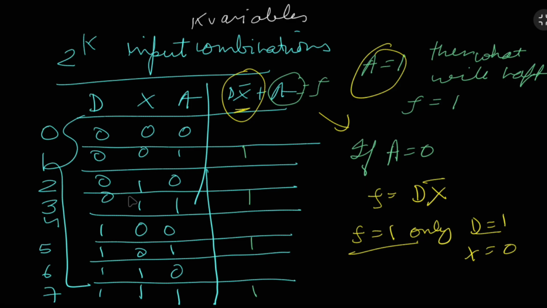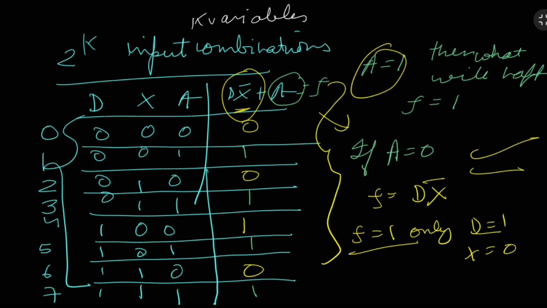D is 1. So this is how you can get your truth table. Just look at these observations which you have made. Now move on.